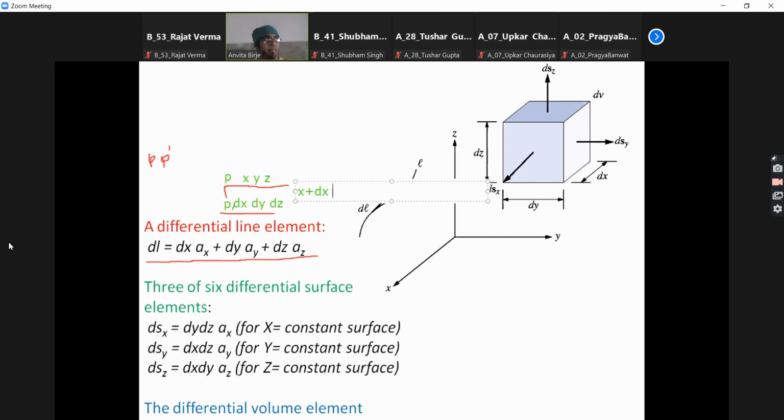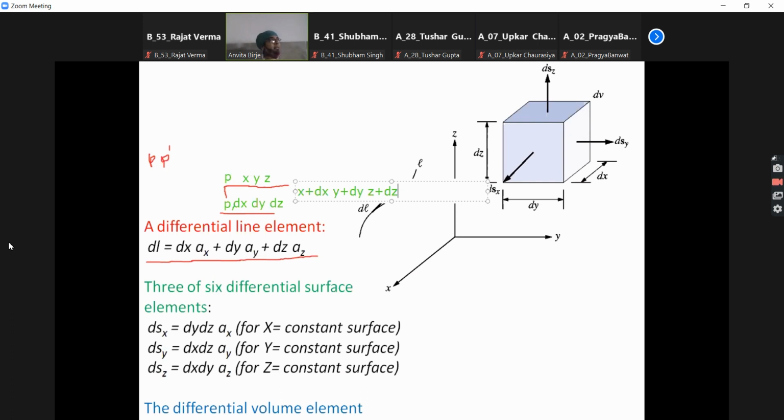I am increasing this particular point, जैसे 1 को 2 कर दिया. Okay, so I can write that as 1 plus 1, right? So similarly, suppose this is 1, then the P dash value will be written as x plus dx, दूसरा है y plus dy, or third I can write z plus dz. So I have increased this x, y, z with a differential amount dx, dy and dz.